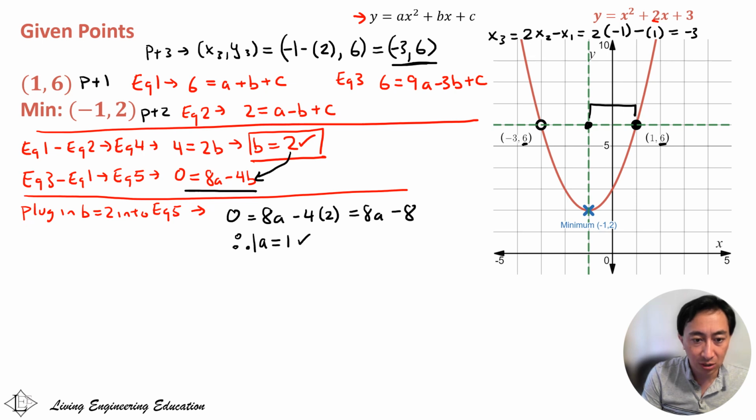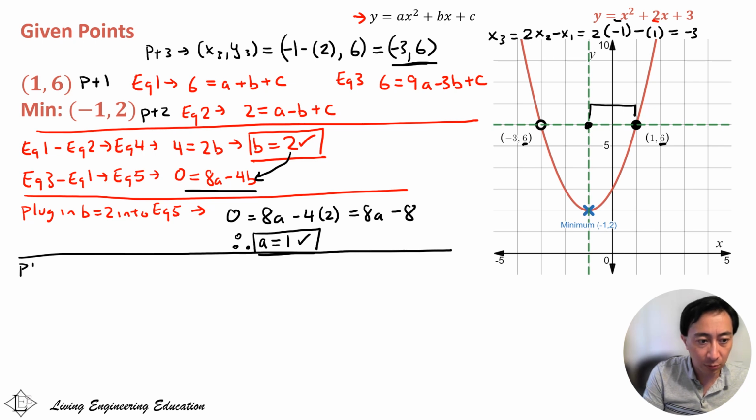And that also checks out with the equation that we have, right? 1x squared. And the last step, then, we can plug in a equals 1 and b equals 2 into any of these 3 equations. Let's plug it into equation 2.